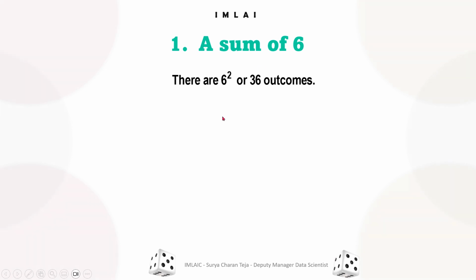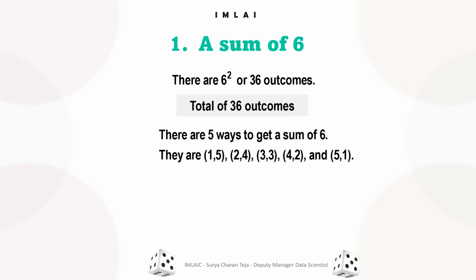So we'll have 36 outcomes, because 6 times 6, 2 dice were rolled, 6 squared, 36 outcomes. That's our sample space: the value of n is equal to 36, because we have 36 outcomes.